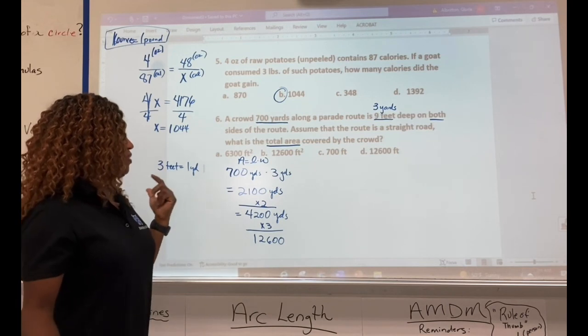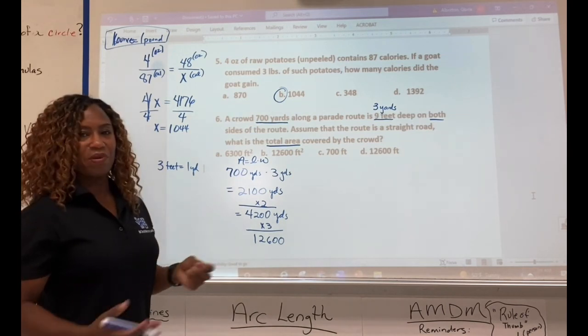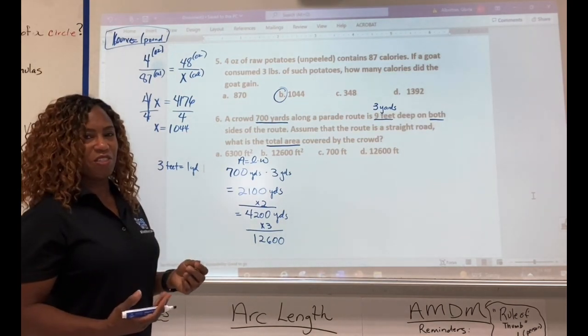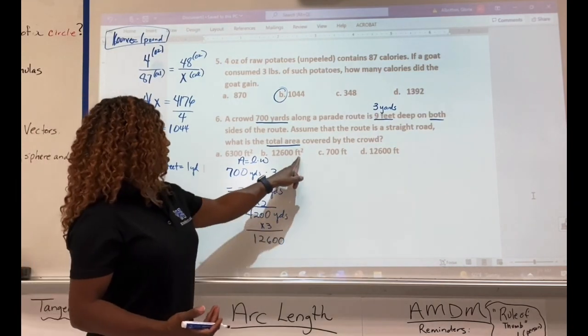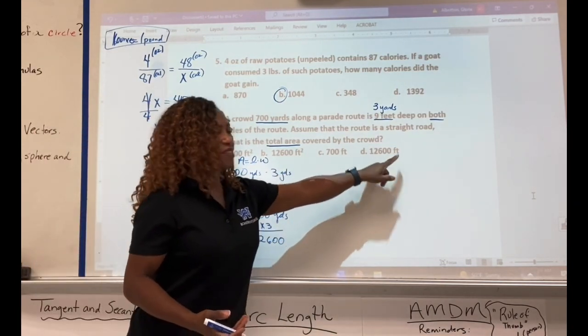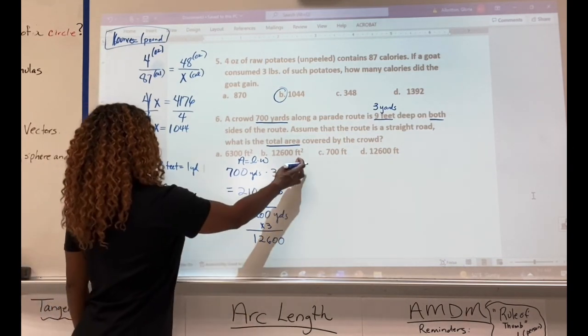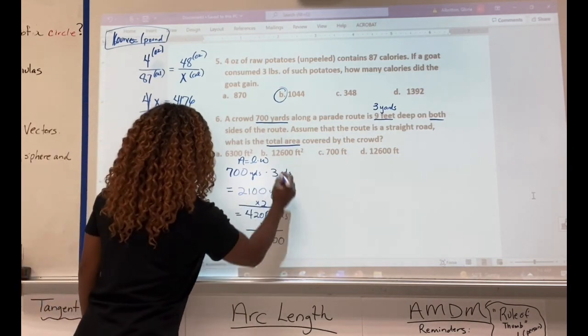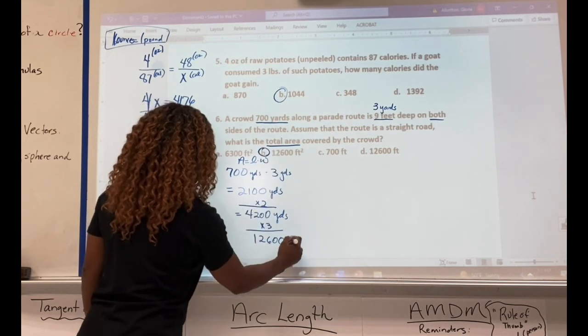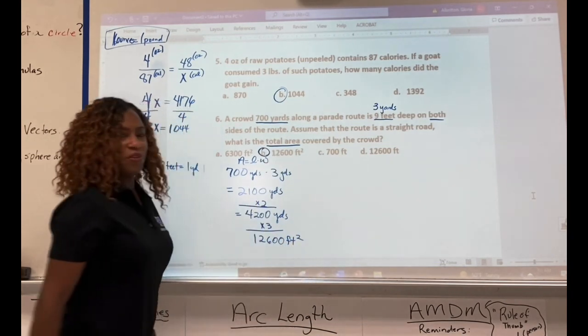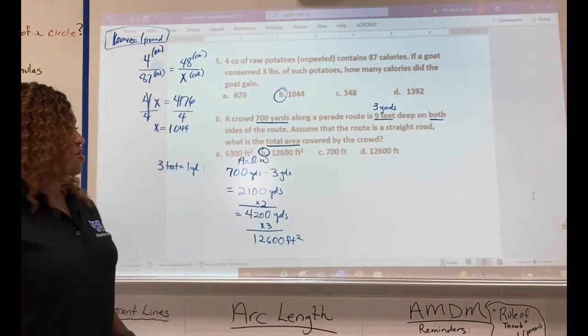So I see the same number, but I see the unit is slightly different. Do you notice it? This is feet squared, and this is just feet. Now, which one matches area? The square foot does. So this will be the answer that we're gonna use here. Be careful, the units do matter, okay?